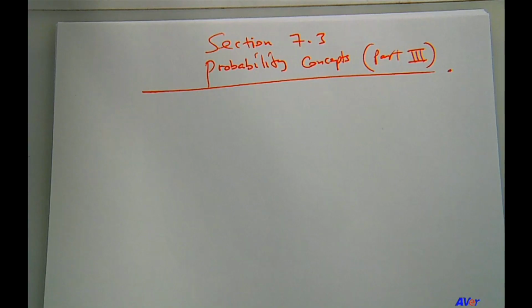You can't answer the question of what's the probability of getting the penny that, let's say, was minted in 1983 if you don't know how many pennies I have in my pocket. If I have 5 pennies, then the probability is 1 over 5. If I have 10, then it's 1 over 10. If I have 50, that's 1 over 50.